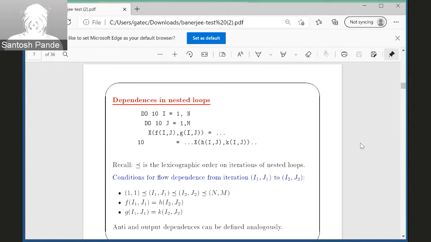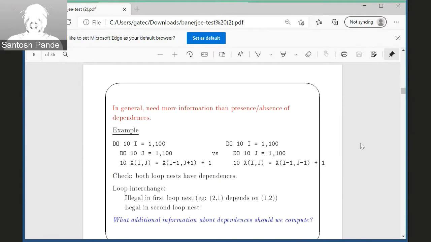We can generate the actual indices, and we can find out if they are equal or not. That would be a very naive way of doing this, and we can check if there is a dependence or not accordingly.